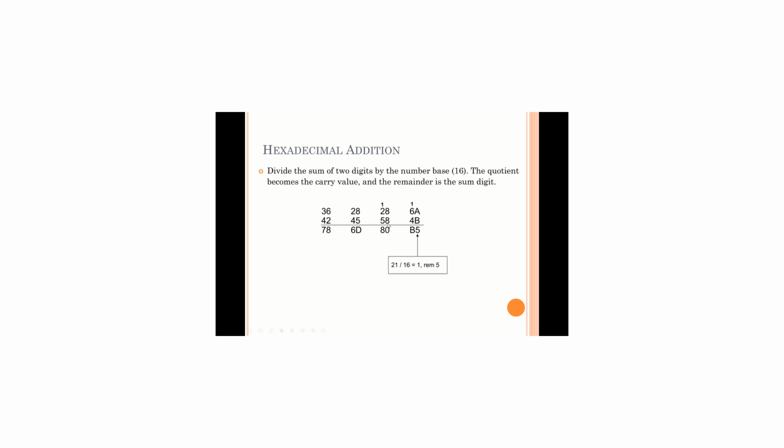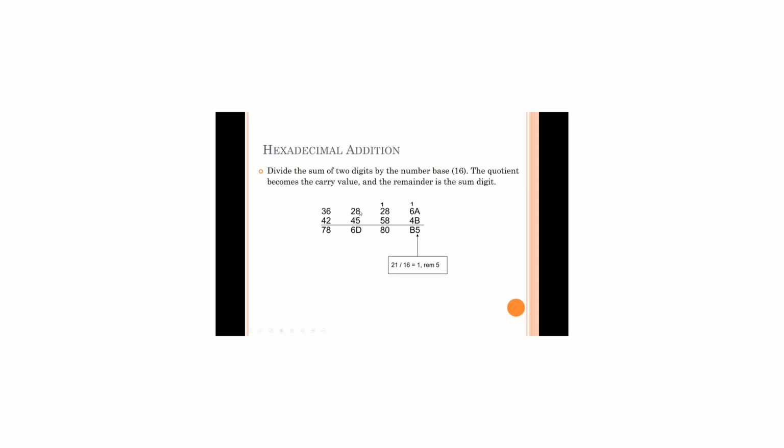Now, these two additions don't make any sense for decimal numbers, but they make perfect sense with hexadecimal numbers. In here, A plus 5 is 15.